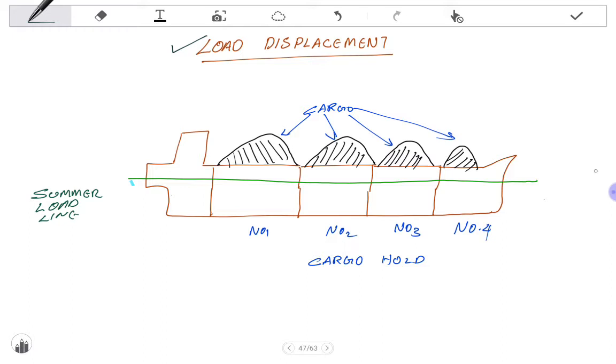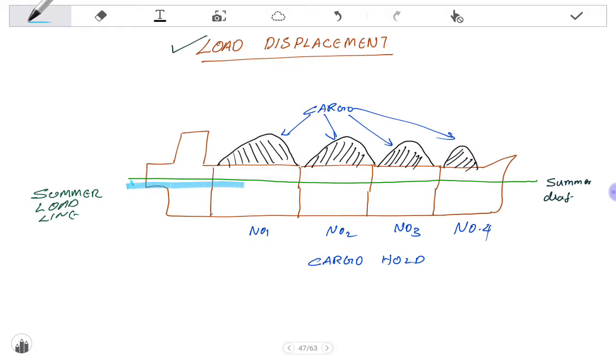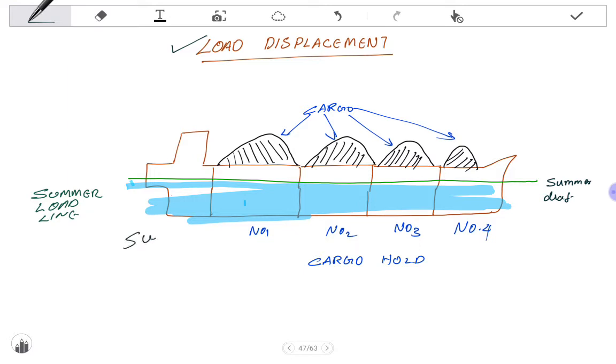When the vessel is loaded with cargoes and floating in salt water at summer draft, the displacement of that vessel is called load displacement.